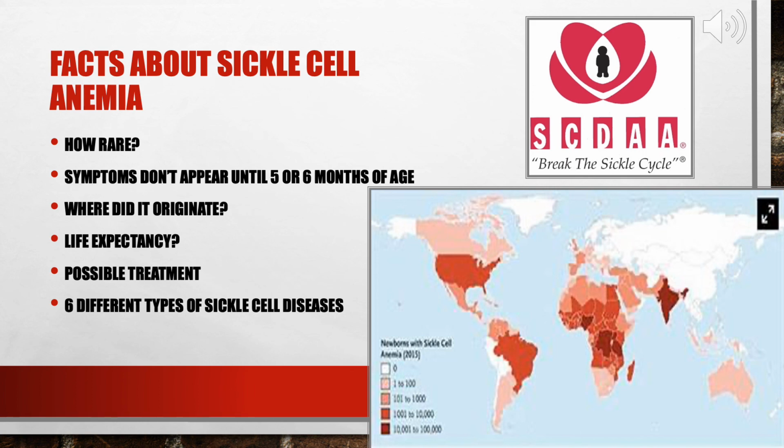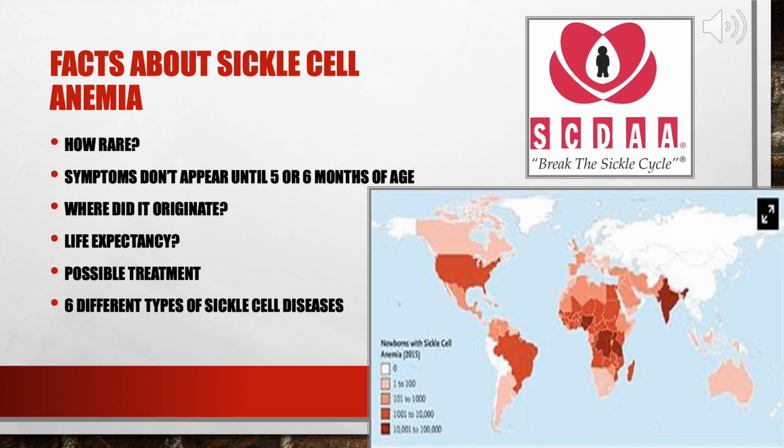HbSD, one parent passed on an abnormal hemoglobin S gene, and the other parent passed on a gene for abnormal hemoglobin D. And then HbSE, one parent passed on an abnormal hemoglobin S gene, and the other parent passed on a gene for abnormal hemoglobin E. And then the last one is HbSO.